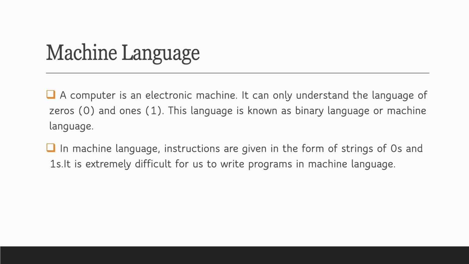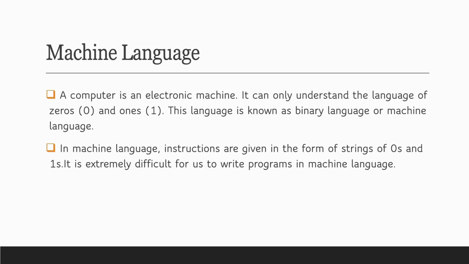Machine language. Let's imagine you are talking to a computer. Do you think it will understand English or Hindi or maybe even sign language? Well, the surprising answer is no. A computer is an electronic machine and it can only understand one very special language, the language of zeros and ones.